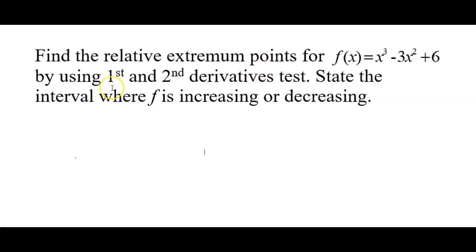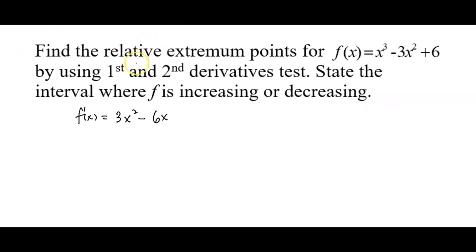Now we need to find the stationary point first before we proceed to the local maximum or local minimum. This is f prime x, which is the same as dy dx. So I differentiate the function f(x) to get f prime x. In order to get the stationary point, we let this f prime x equal 0 and try to factorize it and solve it.